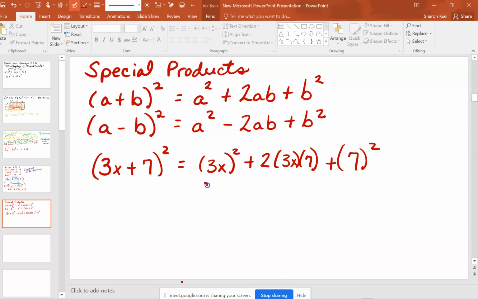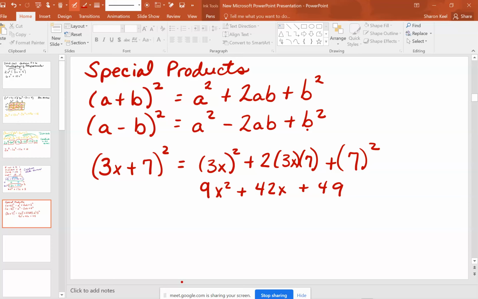So 3 squared is 9, x squared is x squared. 7 times 3 is 21, 21 times 2 is 42, and we have an x, so that's a plus 42x. 7 squared is 49. So you can use this formula if it's addition. The only difference is it's a minus if it was a subtraction here.